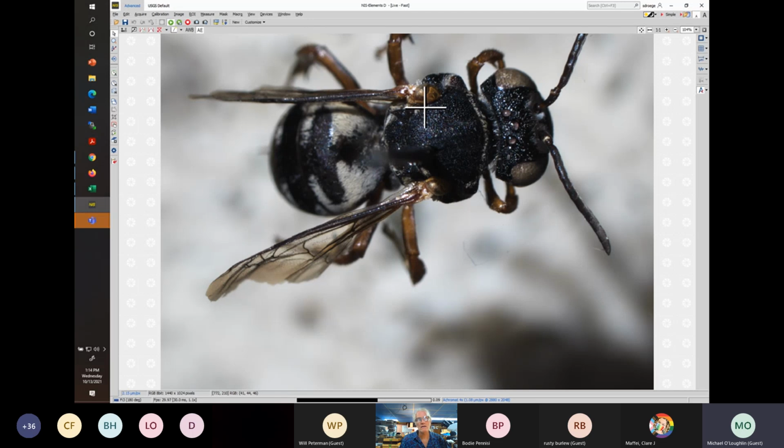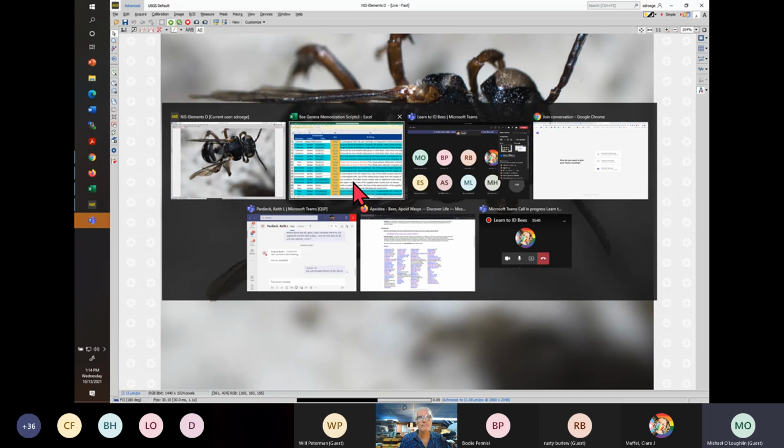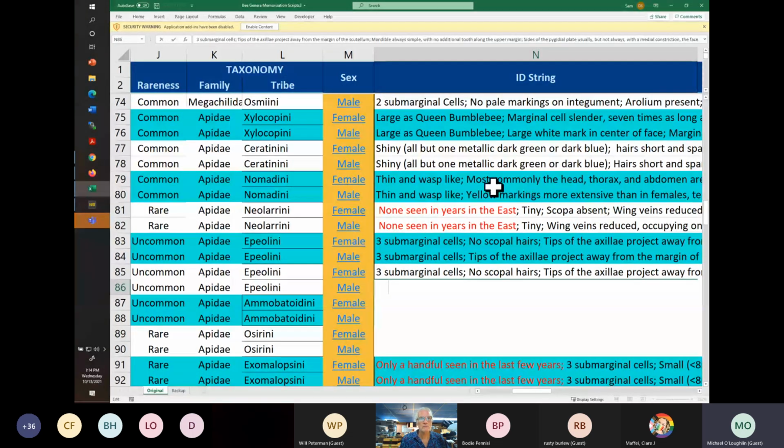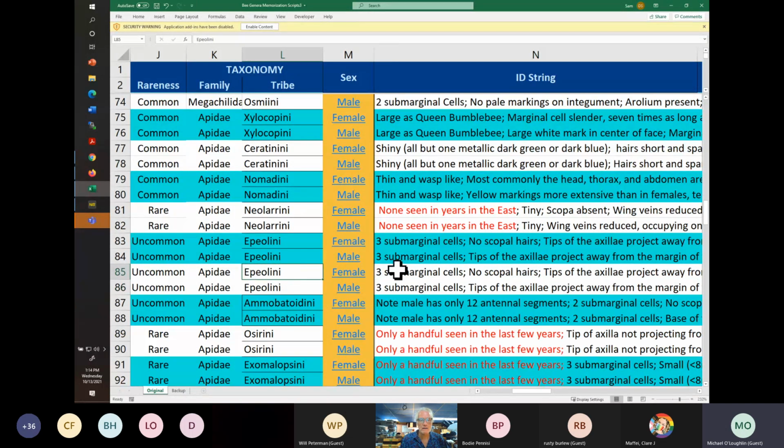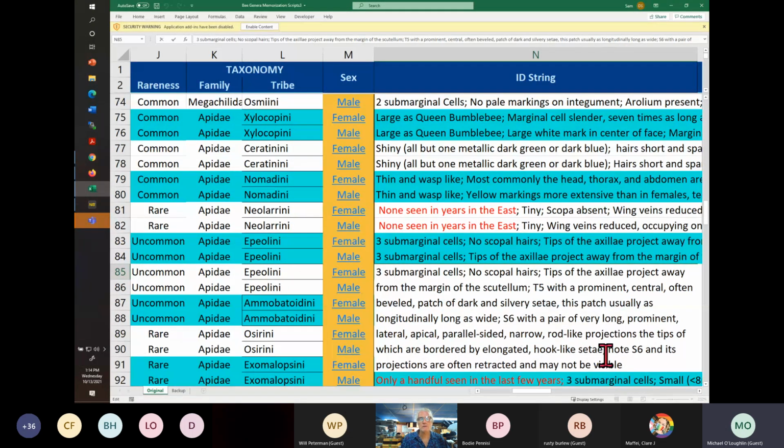Here we have, again, the projecting axilla, and with this combination of projecting axilla and these white appressed hairs, you have either Epeolus or Triepeolus, with a possible Epeoloides, but that's very unlikely, and we'll show you one of those. So if we look at the female's characters, you'll see very similar things in terms of telling it apart from other species, like we just mentioned: pressed hairs, axilla pointing out.